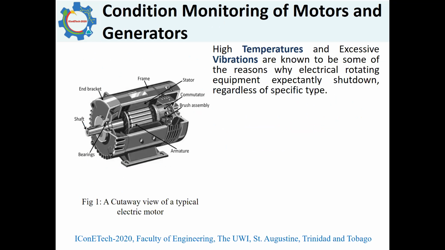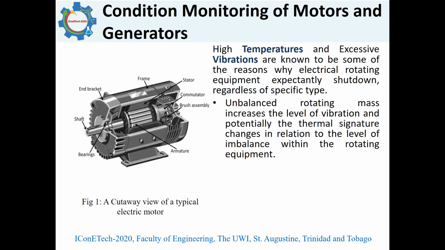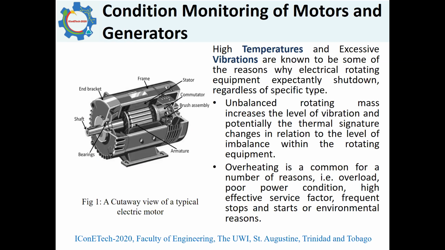High temperatures and vibrations are known to be some of the main reasons why electrical rotating equipment unexpectedly shuts down, regardless of the type. When a mass becomes unbalanced, the level of vibration and potentially the thermal signature changes in relation to the imbalance within the rotating equipment.